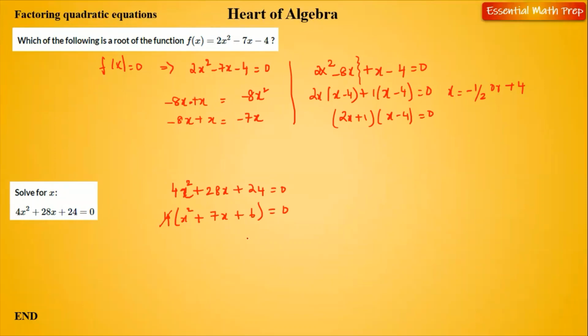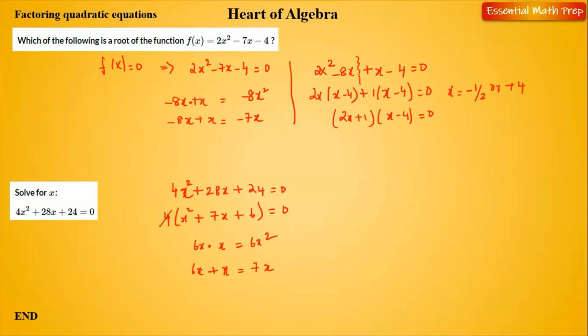So we need 6x squared, but when we add or subtract, we should get 7x. How do we go about doing that? Well, if you take 6x times x, then you get 6x squared. Whereas when you add 6x plus x, then you get 7x.